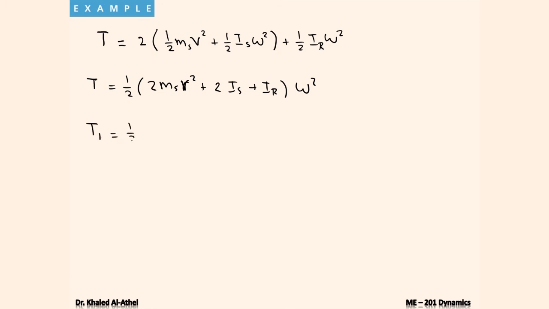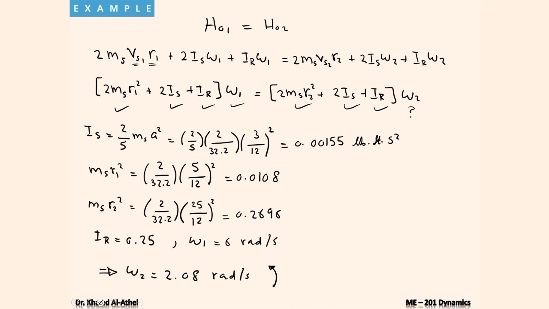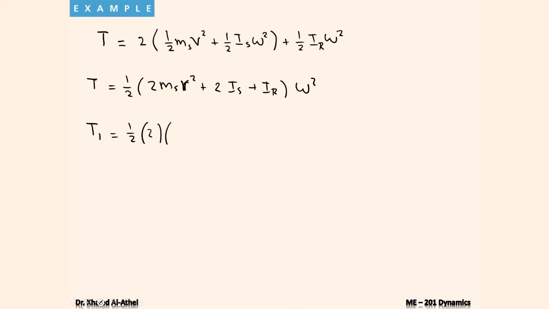T1 will equal to half. Now, what do I have here? I have 2, and then ms. Remember, the mass was given as 2, so we have 2 over 32.2 times r, which was 5 inch, so it's 5 over 32.2 square.